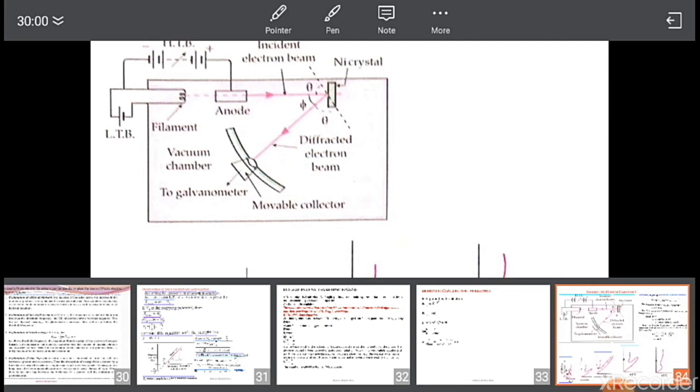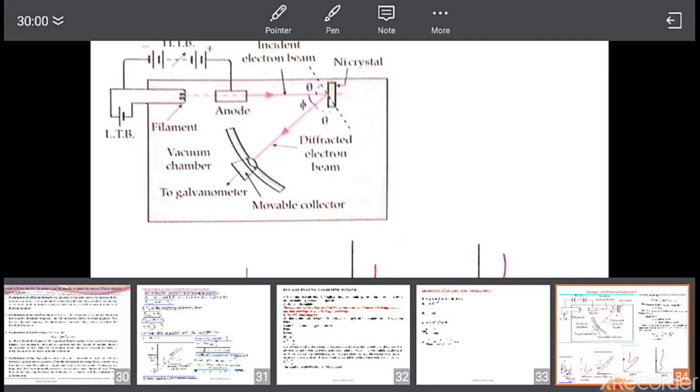That beam of electrons is incident on the nickel crystal, which can rotate about its axis perpendicular to the plane of the paper, and this beam of electrons will be scattered from this nickel crystal and move towards the movable collector.